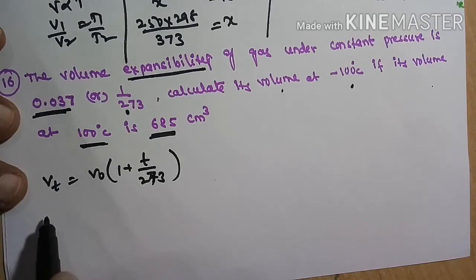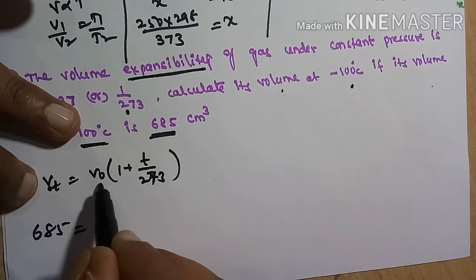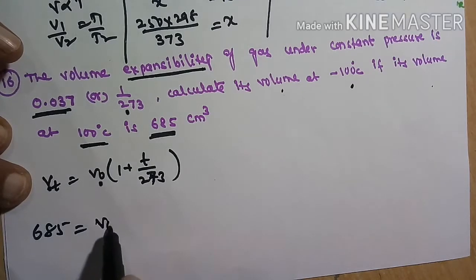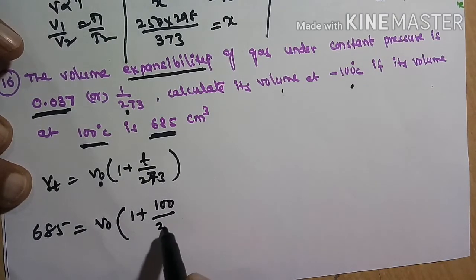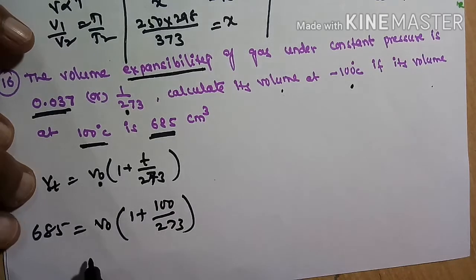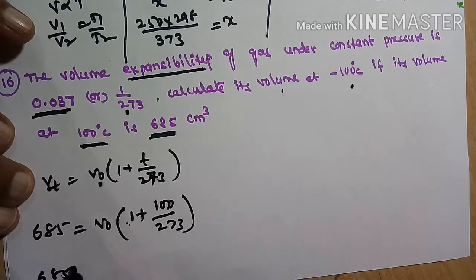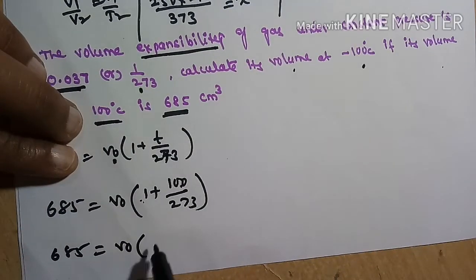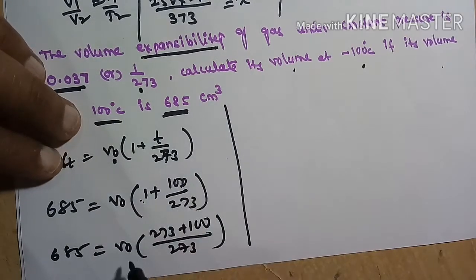So at 100 degrees centigrade the volume is 685. V0 we should find out. 1 plus T is 100 degrees centigrade divided by 273. So now 685 is equal to V0 into 273 plus 100 divided by 273.